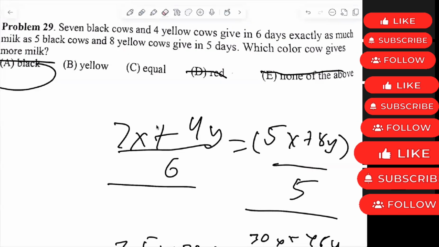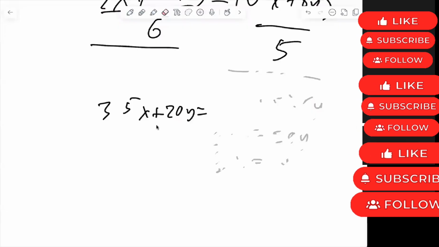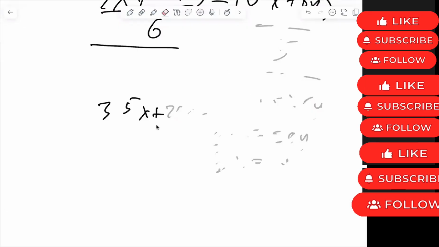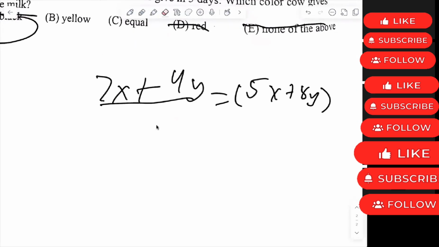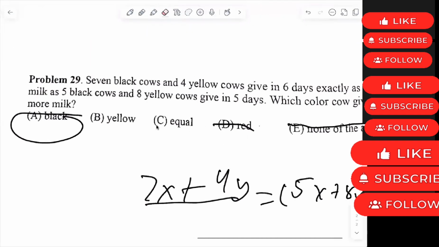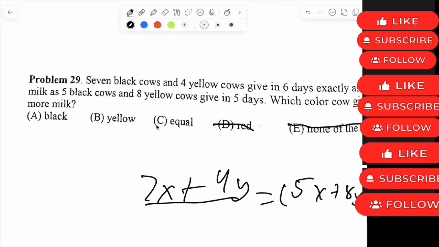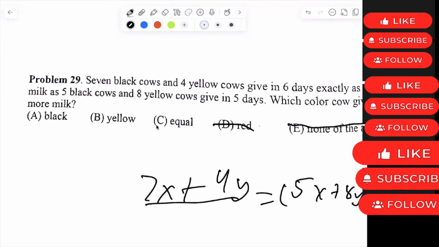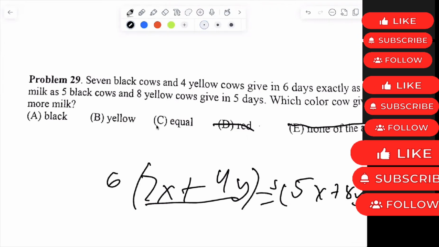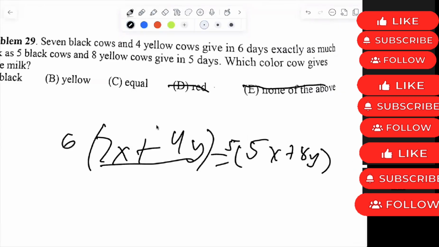Oh wait, nope, it's not right. Why? Because if we reviewed it by ourselves, we would see that this is kind of incorrect. Note that it's not per day. If it was per day, then black was obviously better. So we have to multiply by 6 and 5, since that's giving in 5 days and in 6 days for the left one.